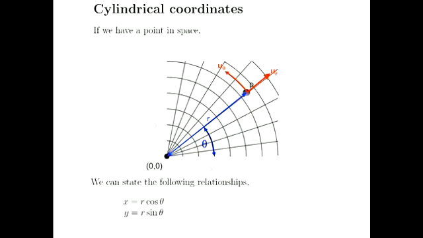Obviously there's a relationship between the two. You can see that x is just r cos theta, and y is just r sin theta. And then if I put those two velocity systems on top of each other, if you stare at it for long enough, you should be able to see the relationship between u and u r and u theta.